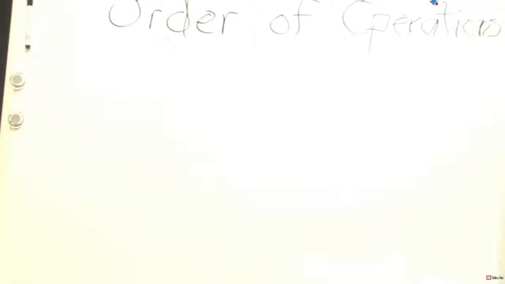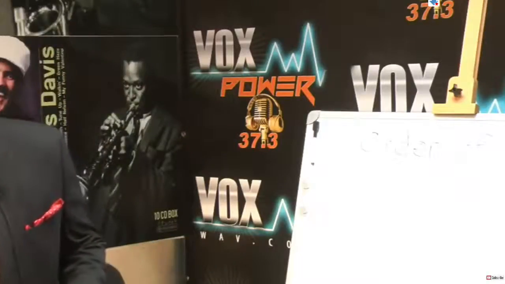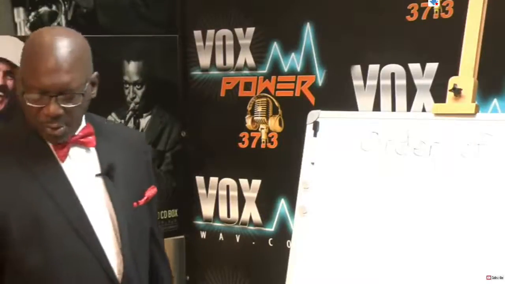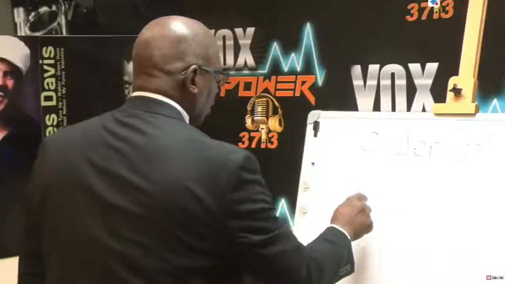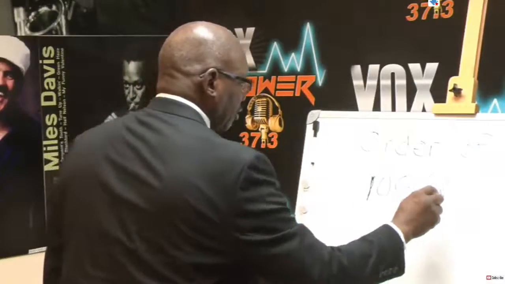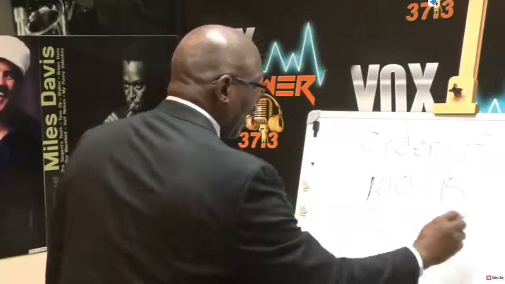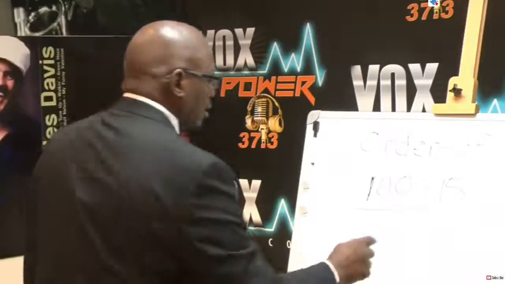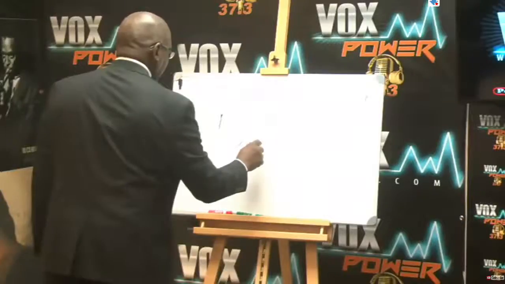All right. Now, again, we could have a simple problem, and we'll start off with a simple problem. For example, you might get 100 subtract 15 divided by 9 plus 8. Okay? Now, order.